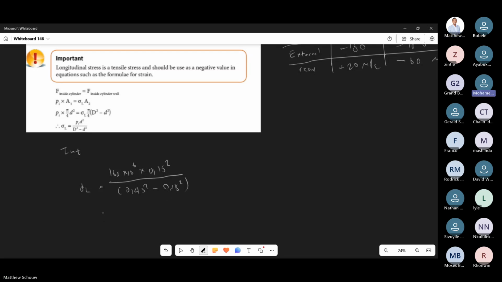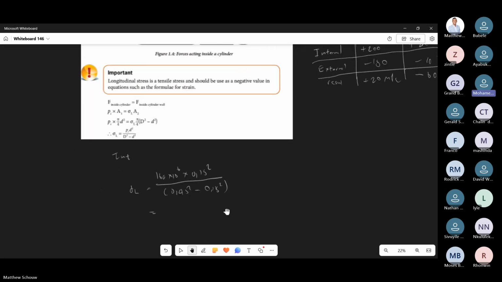So you also have to work out the longitudinal stress for internal and external separately. You understand now why. So work this out for me.